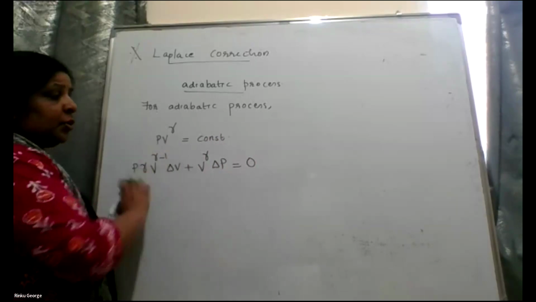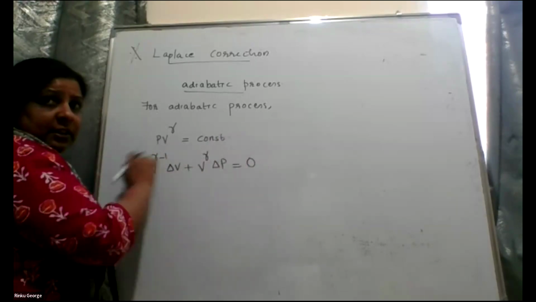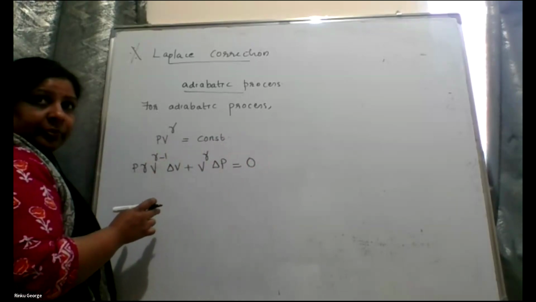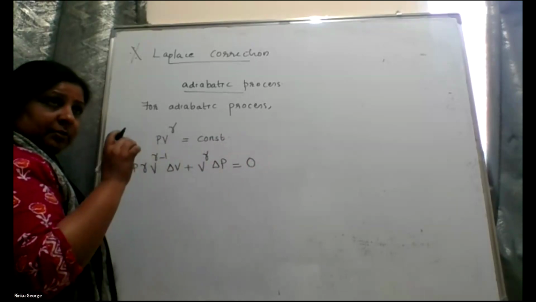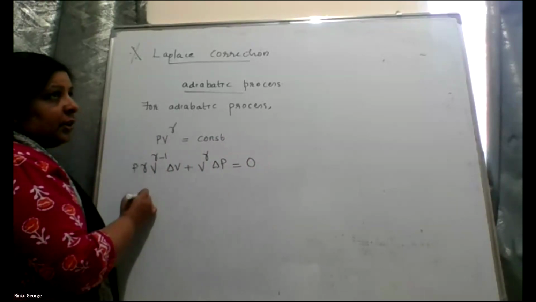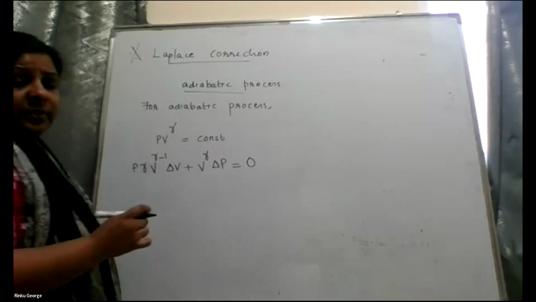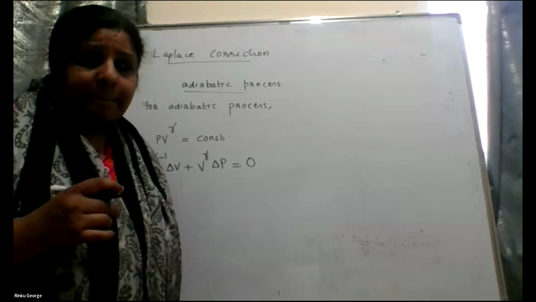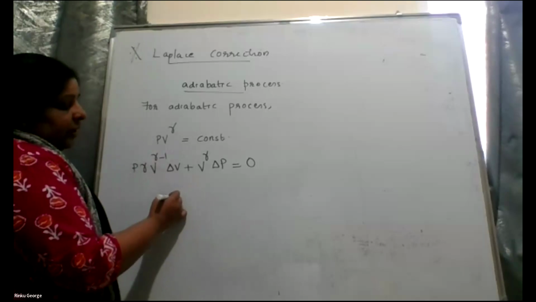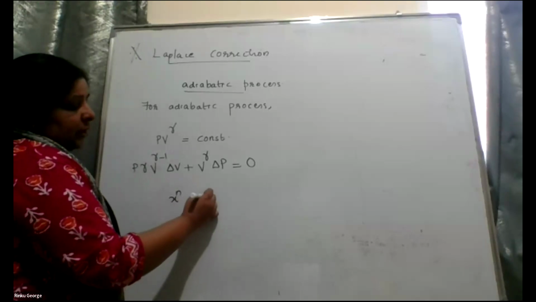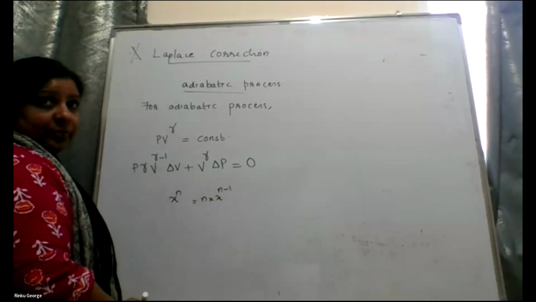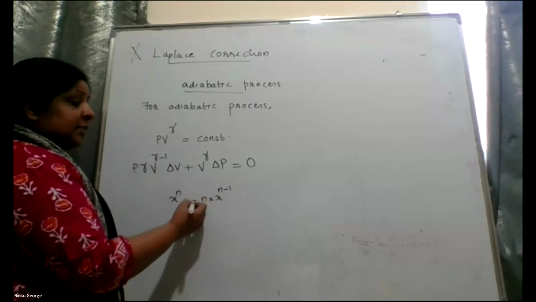Now, from here you need P, right? So take this to this side, then everything else to the denominator. You have to find what is P. Why are we writing delta V? See, if it is x raised to n, what are you doing? n into x raised to n minus 1. But anything else can also be there.